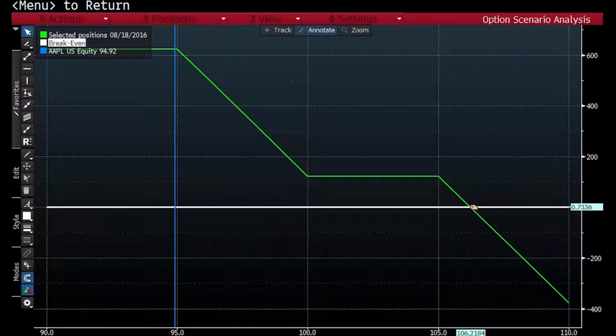So that's the 105 strike plus $1.23, the credit for putting the strategy on. The break-even level is 106.23.